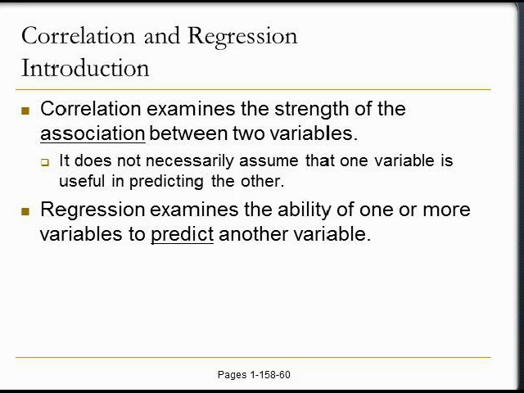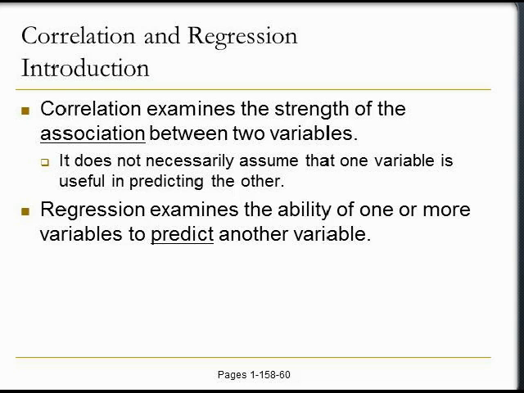Okay, first, correlation. Correlation examines the strength of the association between two variables. Are two variables related to one another? It does not necessarily assess whether one variable predicts another variable, just if they're related.